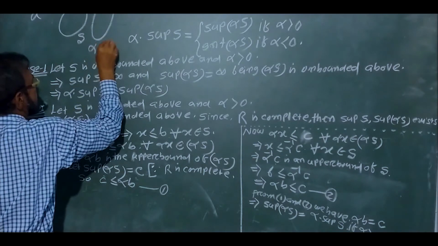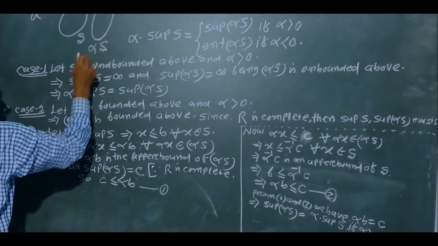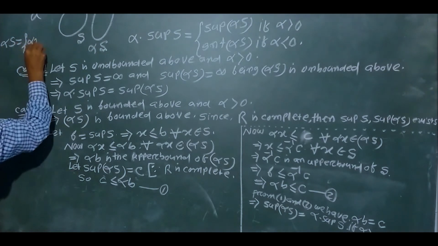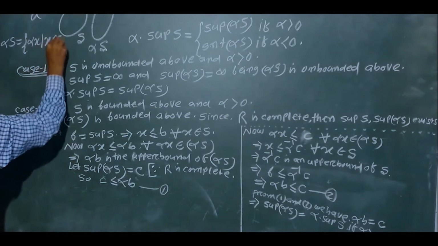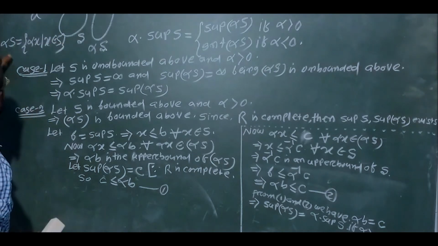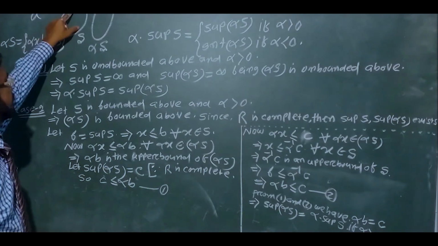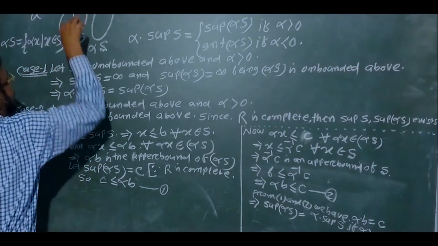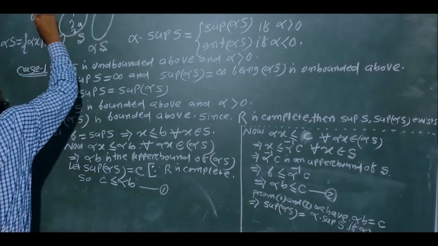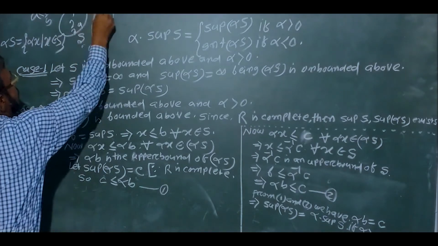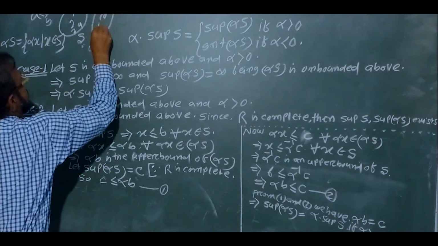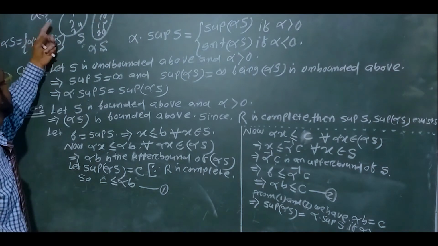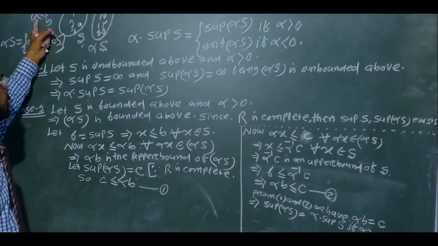The alpha S is defined as alpha S equal to the set of alpha X such that X belongs to S. That means alpha times S means alpha times each element of the set S. Suppose S is equal to 1, 2, 3, 4, 5, and alpha is my scalar 5. Then 5S is equal to 5, 10, 15, 20, 25, like that. We define alpha S when S and alpha are given.